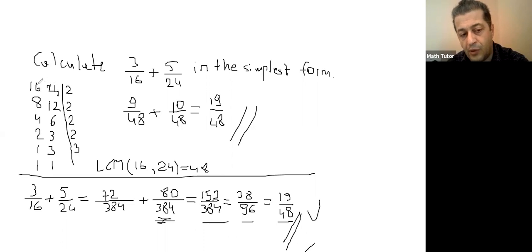For example, we know that 16 and 24 can be divided by 2 because they are both even numbers. But is there any greater number than 2 that can be used as a common factor or a common divisor of 16 and 24?